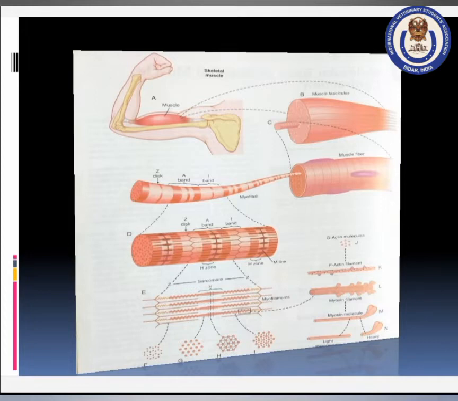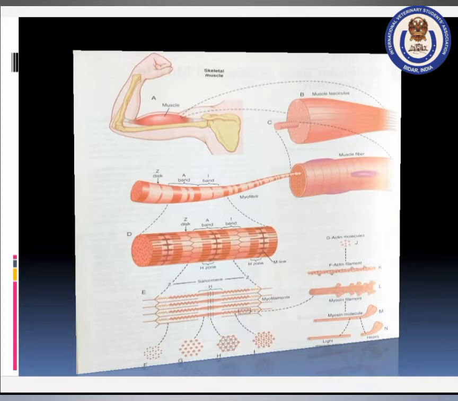Sarcomere is defined as the functional unit of muscle contraction, from Z line to Z line. The part that contains actin filament is called I band. The part of the sarcomere which contains myosin is called A band. It has myosin and little actin. The part of the sarcomere which contains only myosin is called H zone. The line bisecting the I band is the Z line, and the line bisecting the A band is the M line.